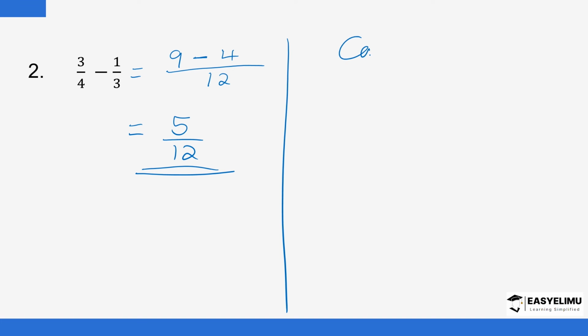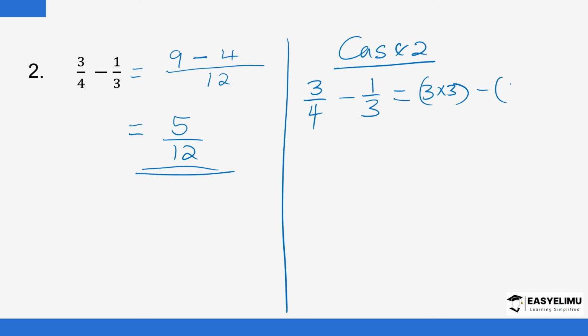What if we use the cross multiplication approach? So let me call it case 2. So we have 3 over 4, and then we are subtracting 1 over 3. So you multiply this diagonal first. Remember, we are always multiplying this diagonal first. So that is 3 by 3. And then you multiply this diagonal here, 4 by 1.